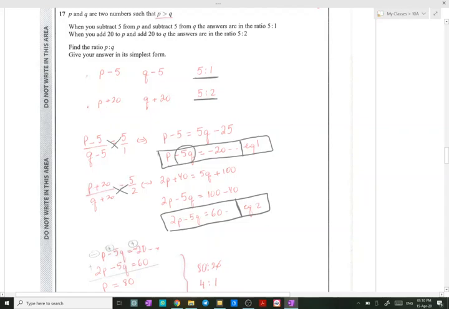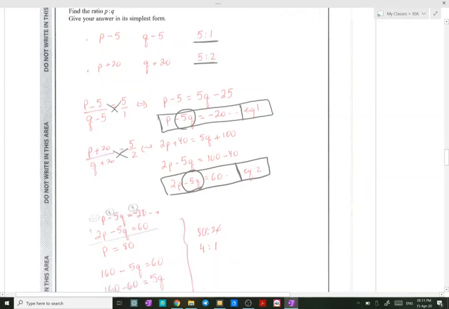Now since we have minus 5Q and minus 5Q, when we want to add these two, we need to eliminate the Q. Therefore we have to multiply one of them by minus 1. So you multiply the first equation, which is equation 1, by minus 1.